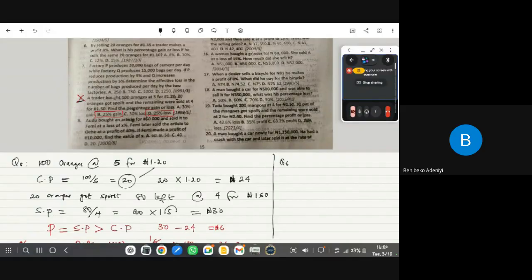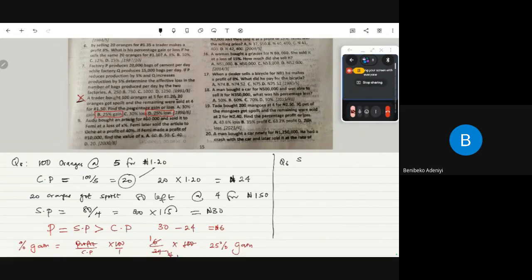He made a profit of 8%. So that's the selling price: 20 oranges times 1.35. That gives us what? 27.